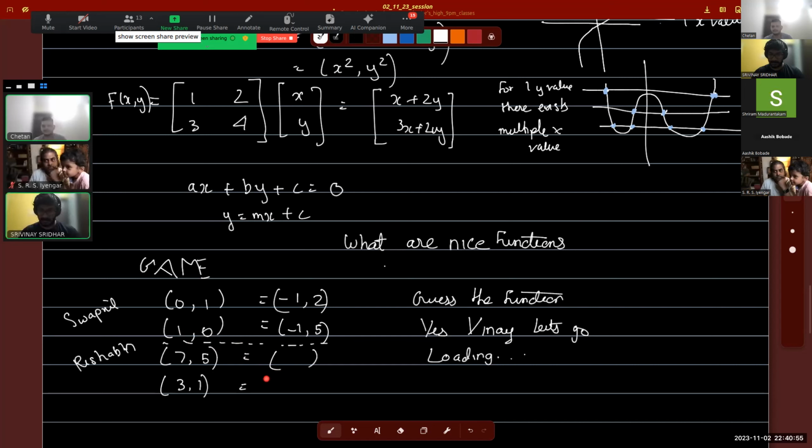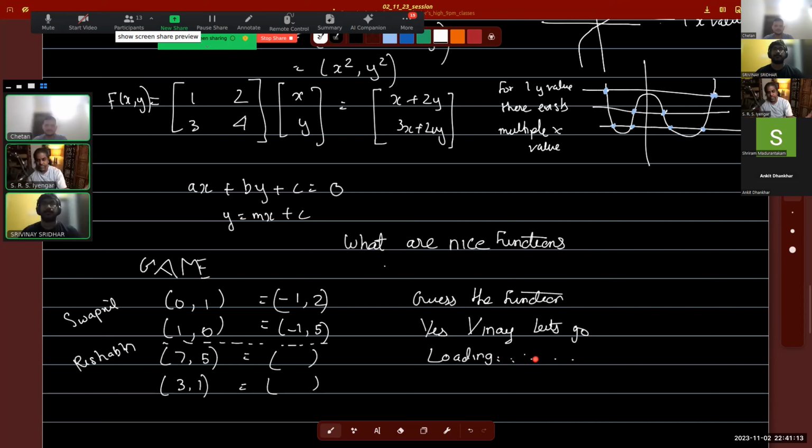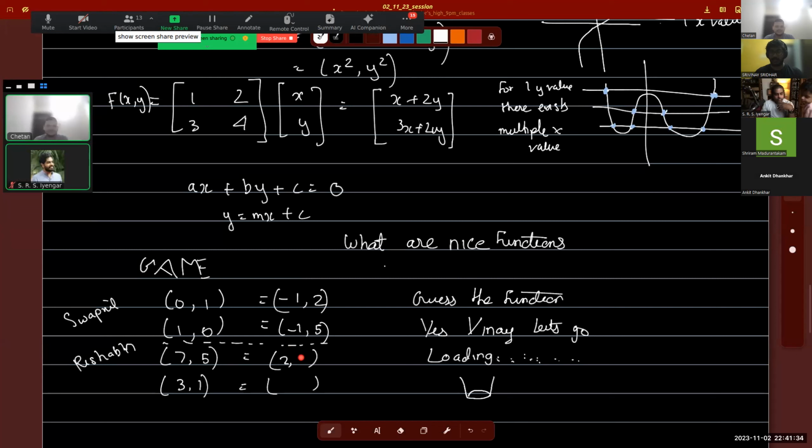So I need a different function for Rishabh. Okay, 7, 5. Okay, so what is the output for the second function computed? He's given me big numbers and I have a big function.